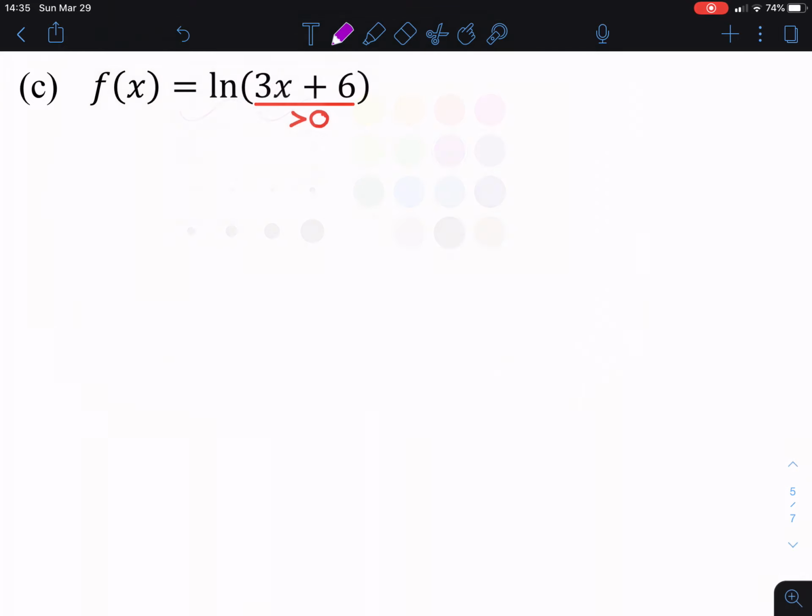So take a look at this. In order for us to make sure that any critical values or partition numbers we find actually fit with the function or are part of the domain, we need to know what the domain is first. So 3x plus 6 has to be greater than 0. When we solve that out, so subtract 6 from both sides, we get that 3x has to be greater than -6, divided by 3.